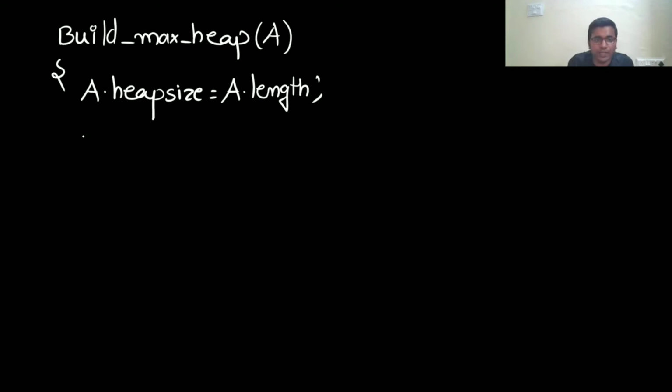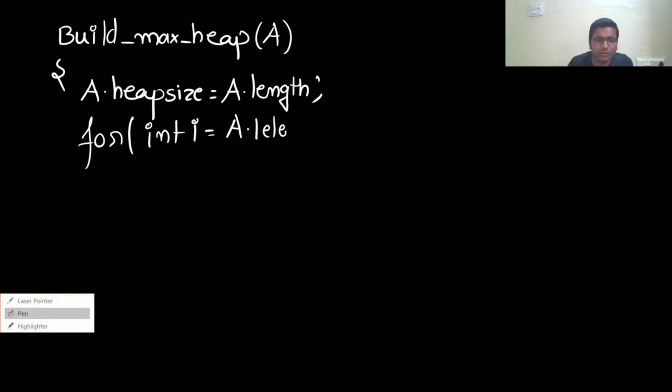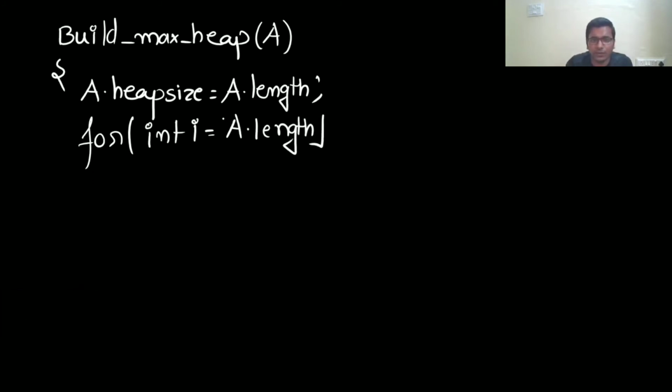Now I will create a for loop, assume int i is equal to a.length by 2, array length by 2, floor. I will take the floor.